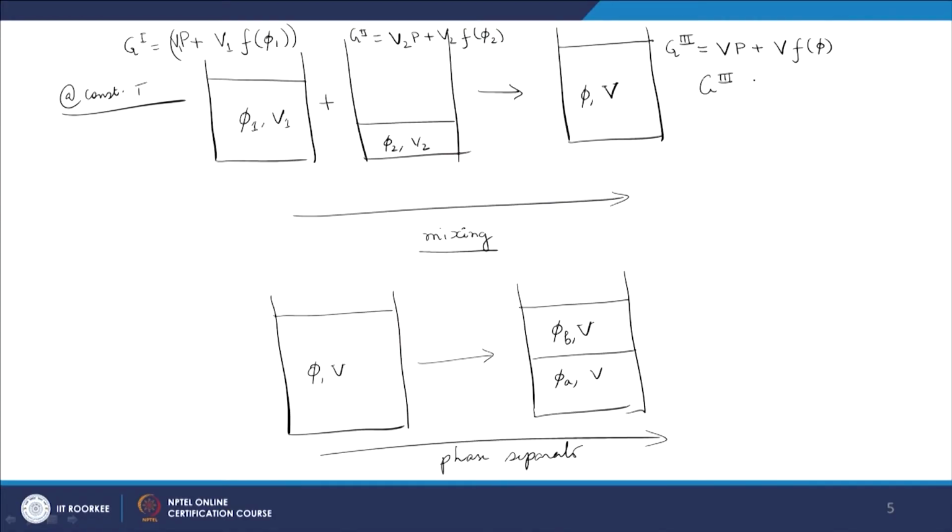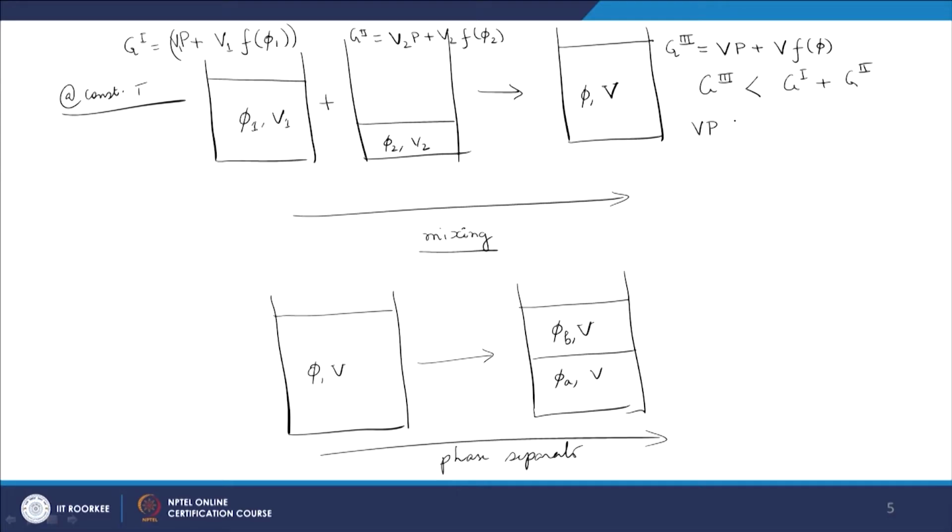Now, we know from thermodynamics that the process will be favored if the resulting Gibbs free energy is less than the sum of the Gibbs free energies of the phases that I have mixed together. That means V P plus V f of phi must be less than V1 P plus V1 f of phi1 plus V2 P plus V2 f of phi2.